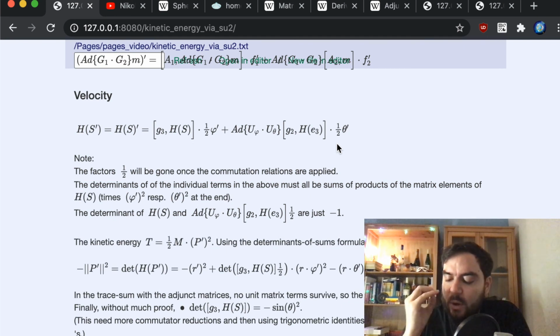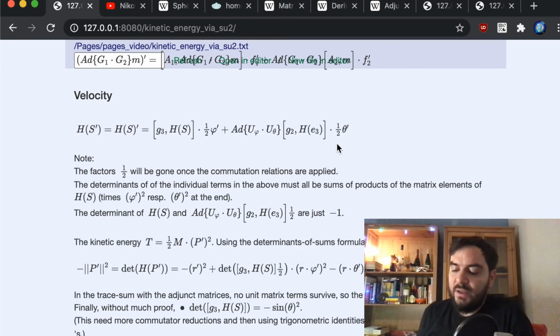The point is that to compute the determinant of this thing, we want to compute first the determinants of the individual terms, and we want to worry about the trace term later. And the trace term will actually turn out to be 0, simply because all of the generators are traceless, right?